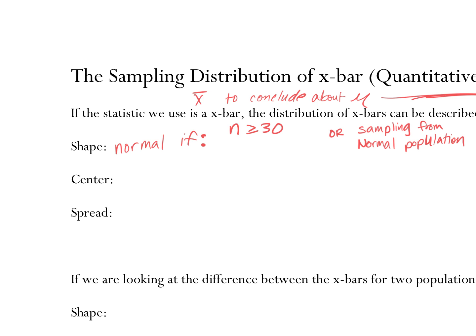And when we're checking conditions for an inference procedure, the way we say, all right, my sample size is not greater than or equal to 30, is it reasonable to assume I'm sampling from a normal population? We look at a graph of our sample and decide, is it reasonable it came from a pretty symmetric, well-behaved population?